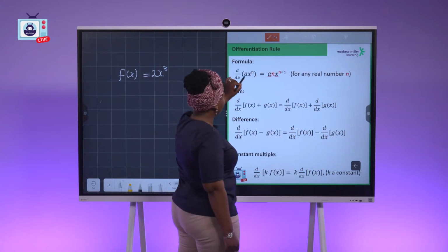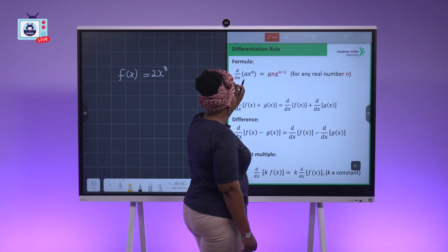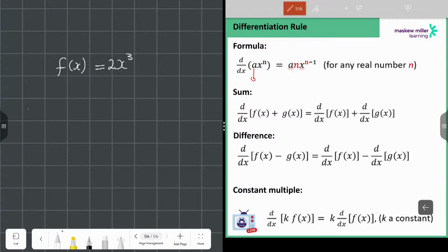It shows that if I am given an a and an x as a base and an exponent of n, when I'm deriving the term, what I need to do is drop my n value, and also at my exponent part subtract 1. So I'm going to show you what it does to this particular example here.